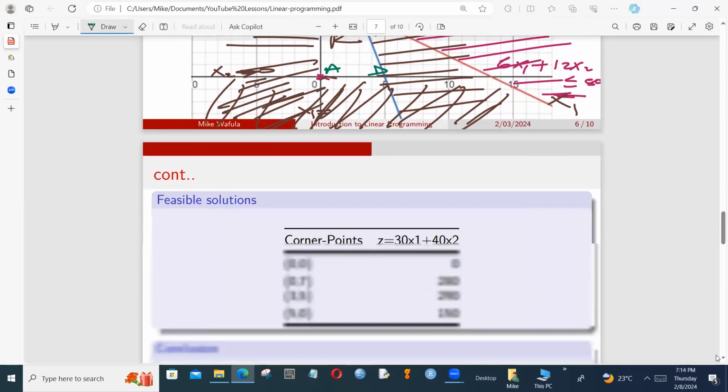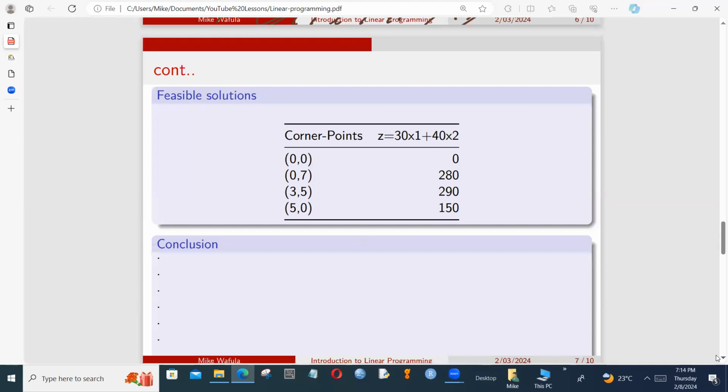And so we select those corner points and create a table of their coordinates. And remember the objective function here is to maximize 30x1 plus 40x2. So these are our points A, B, C, and D.